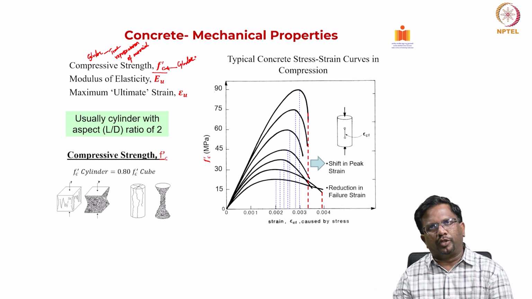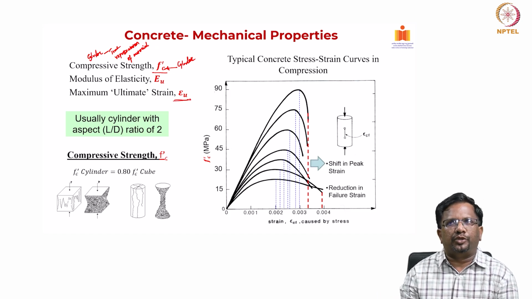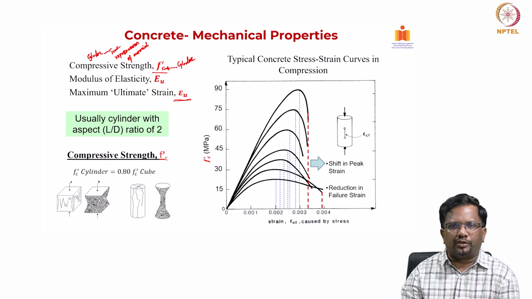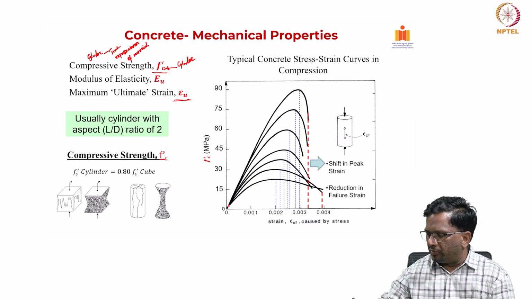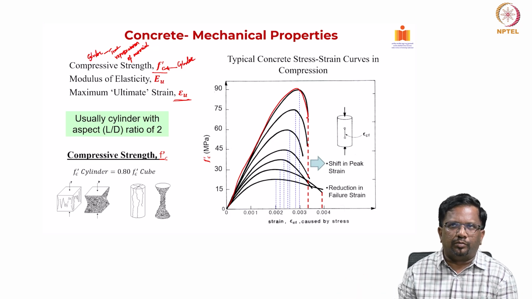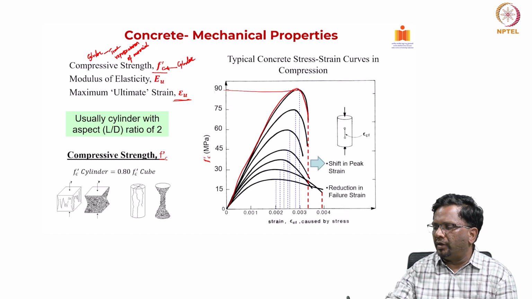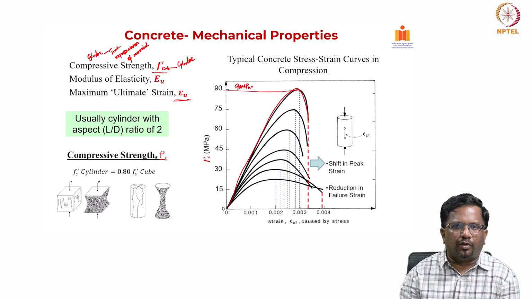And then the elastic modulus is given by E, and the maximum ultimate strain is given by epsilon u. Now, typically this maximum ultimate strain is defined in the post peak behavior. For example, this curve that you see is your post peak behavior. This is the overall stress strain curve behavior of a concrete cylinder, maybe a 90 megapascal grade cylinder strength concrete.